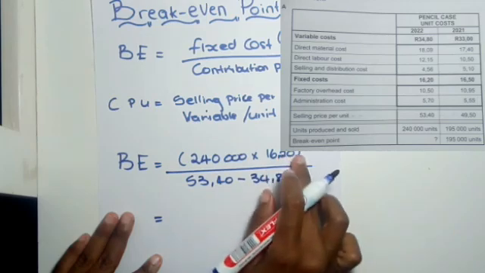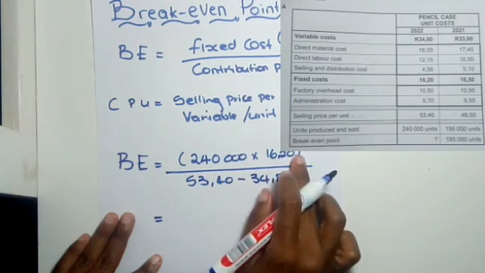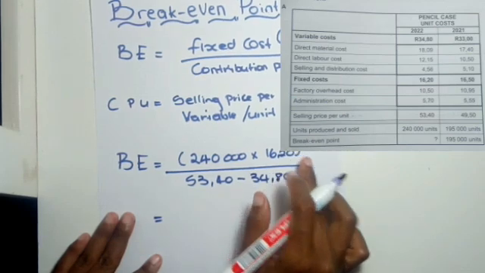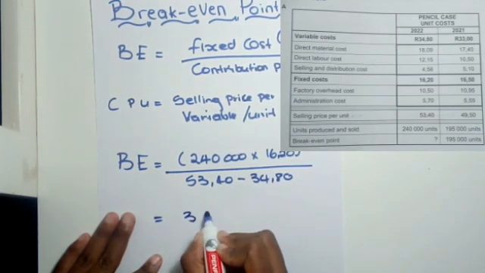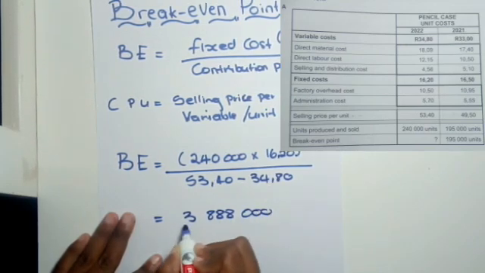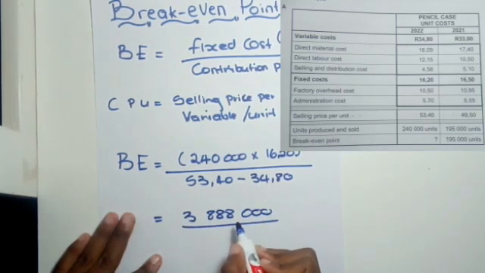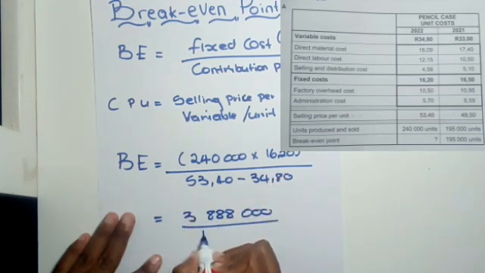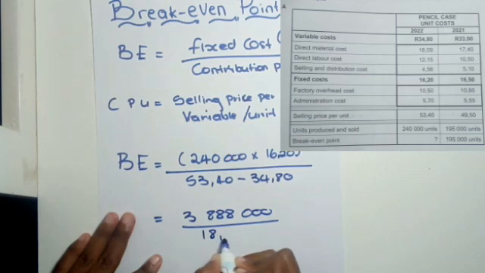So put this in your calculator: 240,000 times 16 rands 20 will give you 3,888,000 as your total fixed cost. All over your contribution per unit is going to give you 18 rands and 60 cents.